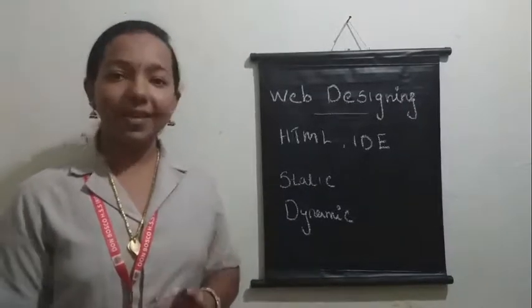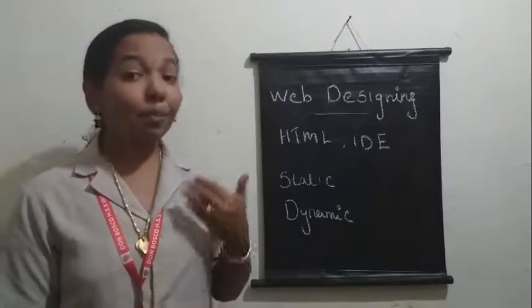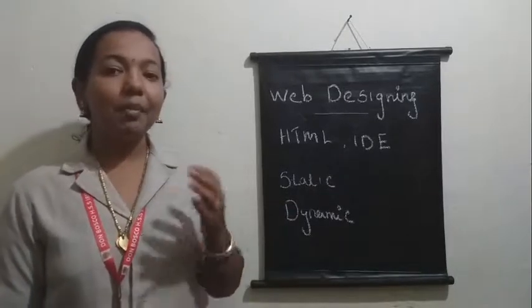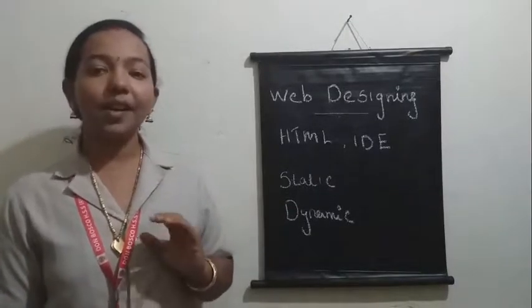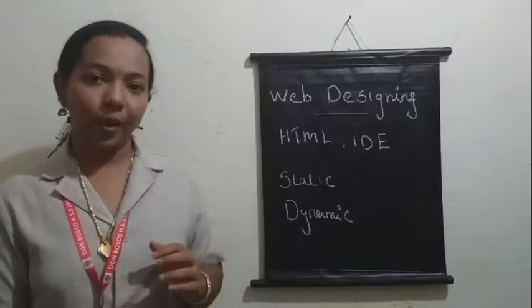What does static memory allocation mean? Memory is allocated before compilation. Dynamic memory allocation means memory is allocated during execution time. That belongs to memory allocation.